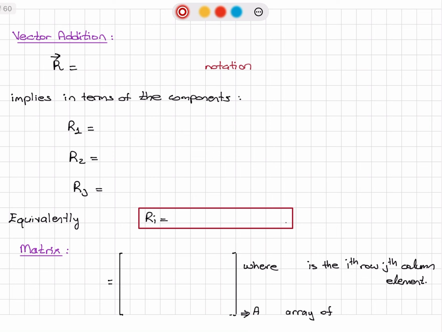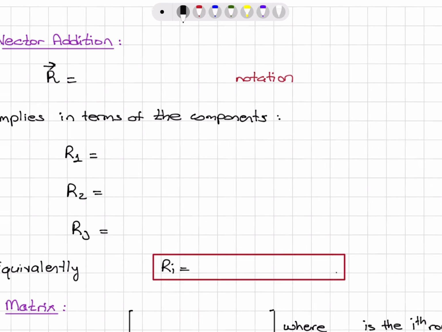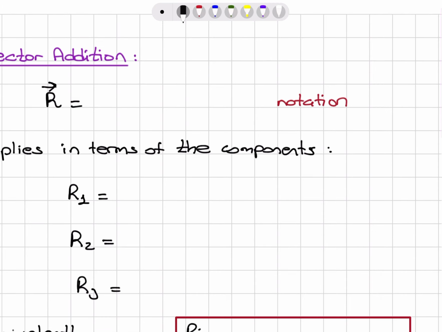Okay, so when we have two vectors added together, this is vector A plus vector B, and this is basically how I write the sum of the two vectors using vector notation.